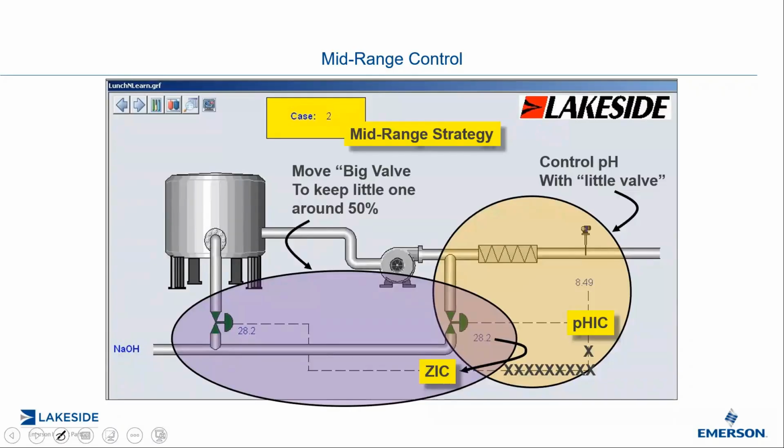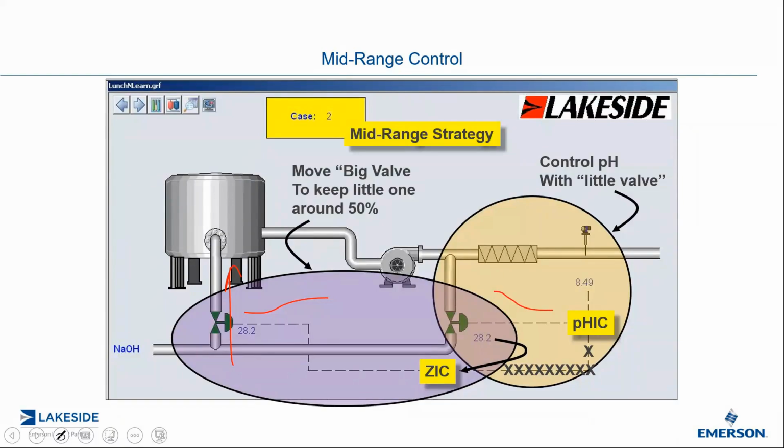If little brother starts getting into trouble, at 65%, 70%, what's going to happen is that Big Brother is going to slowly open, very slowly open, and put more caustic into the tank. The key here is it has to be very slowly because it will affect the process, but that will cause little brother to go back into a controllable range.